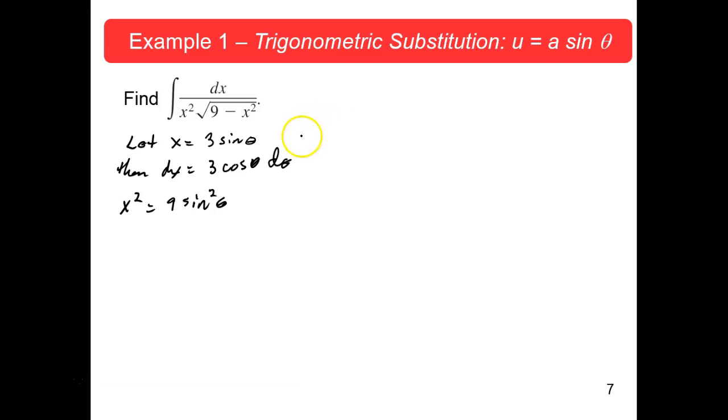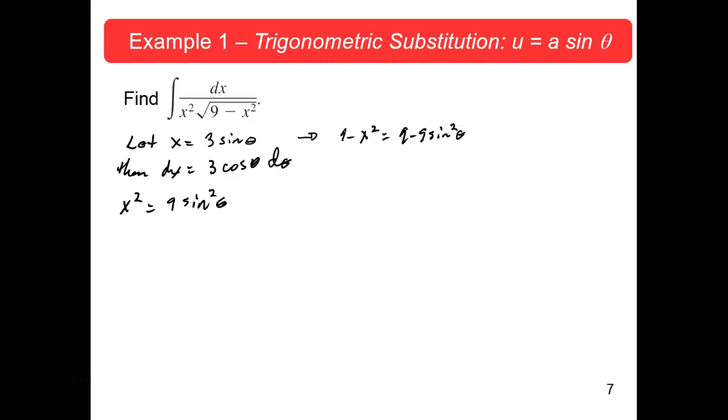Now, over here, I'm going to go a different direction. I just did the first step with the x squared, but I did it because of that one. Same thing works here. So let's next do what 9 minus x squared would be. I'm doing this in gory detail. If you don't need this much, you can skip some steps. 9 minus 9 sine squared theta.